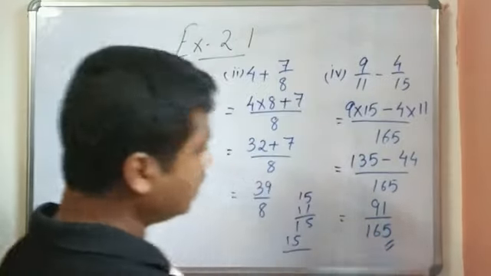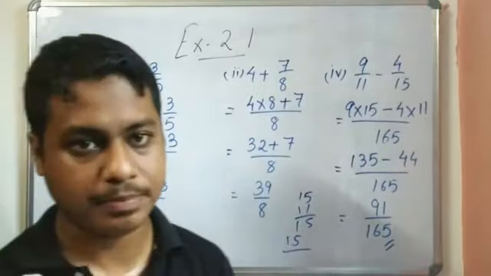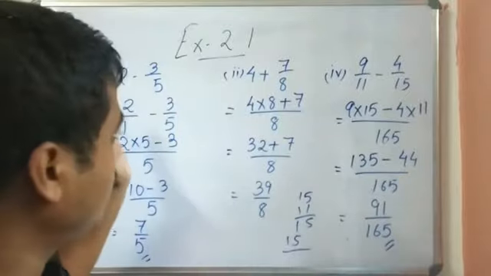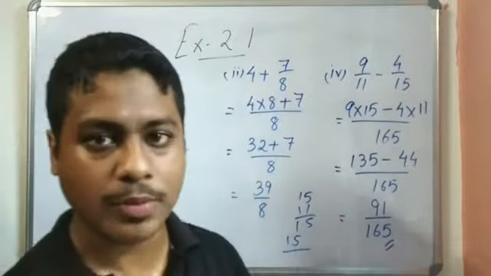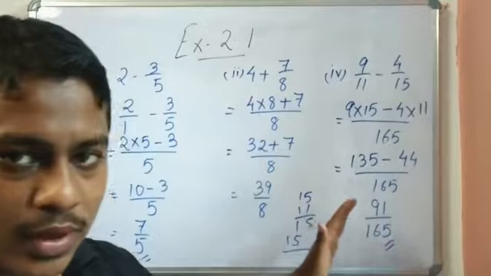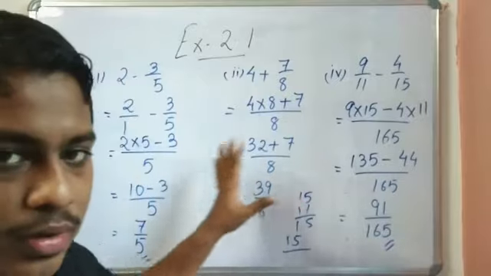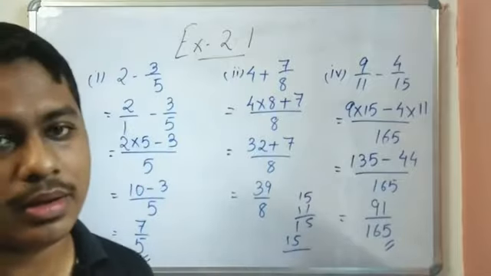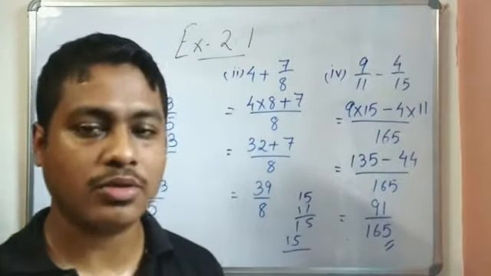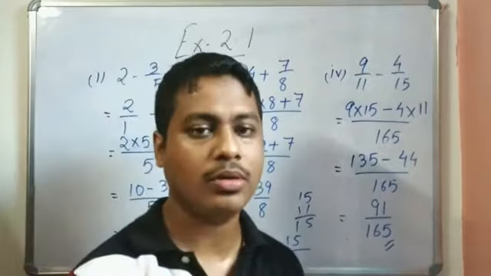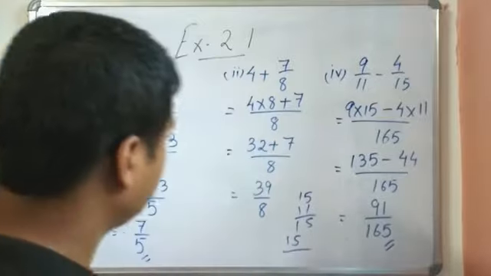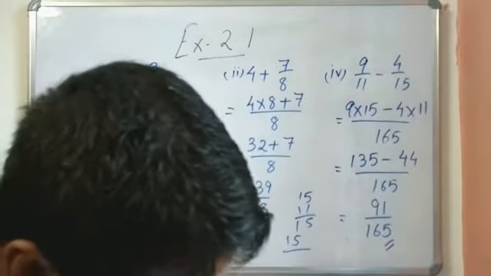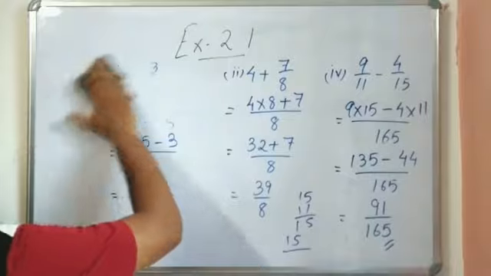This is your answer for the fourth one. So we have solved 1, 2 and 4. If you feel any doubt related to this, you can ask me in the comment section, or message me on my classroom or on my WhatsApp group. Next I will go to question number 5.